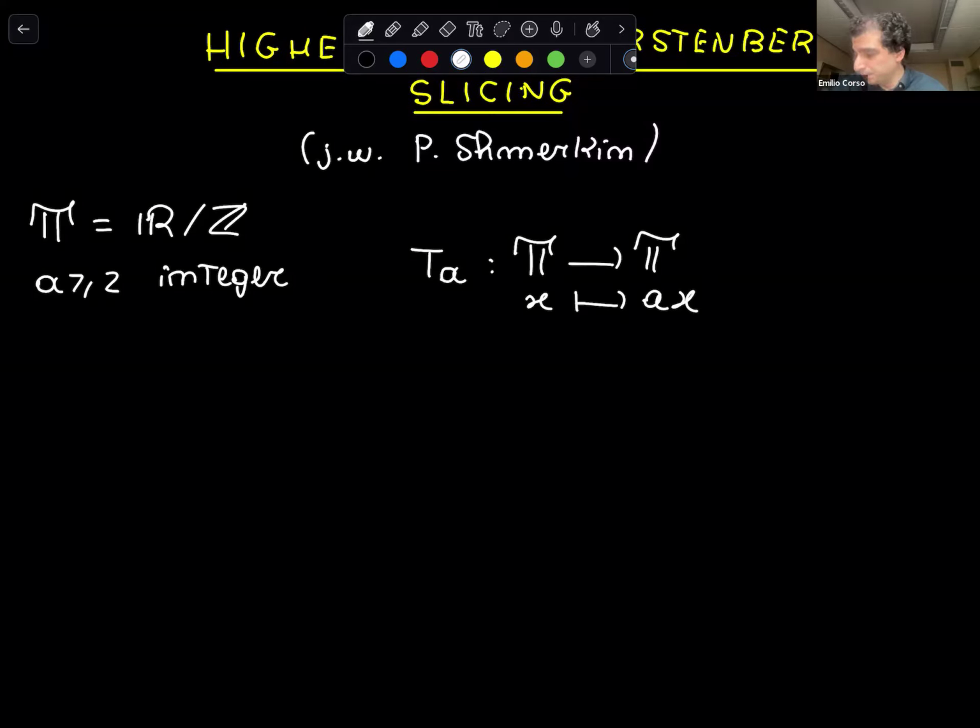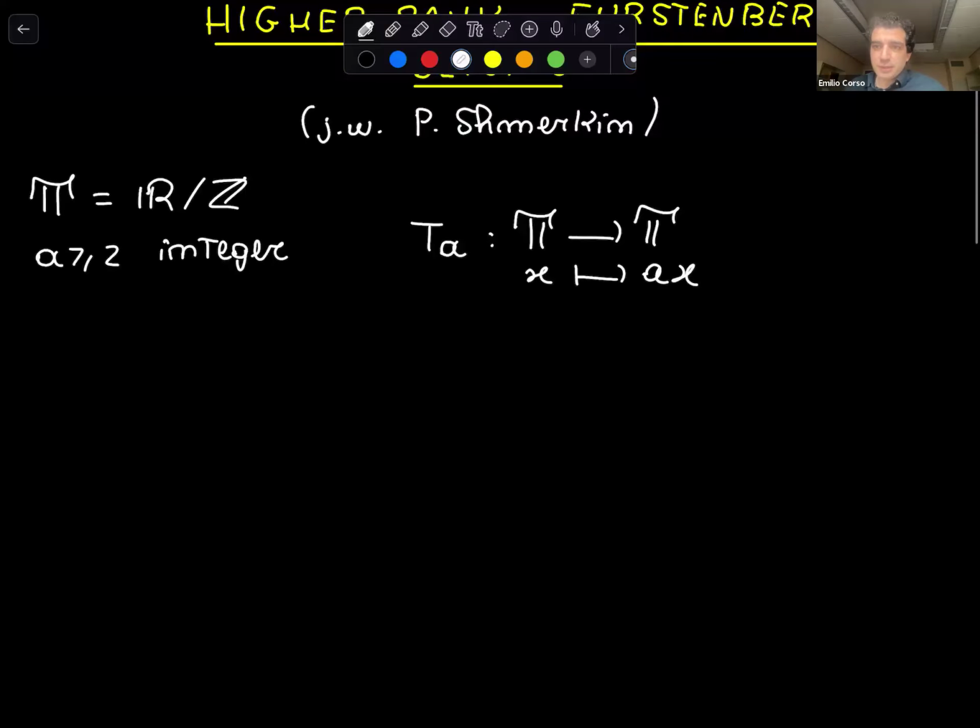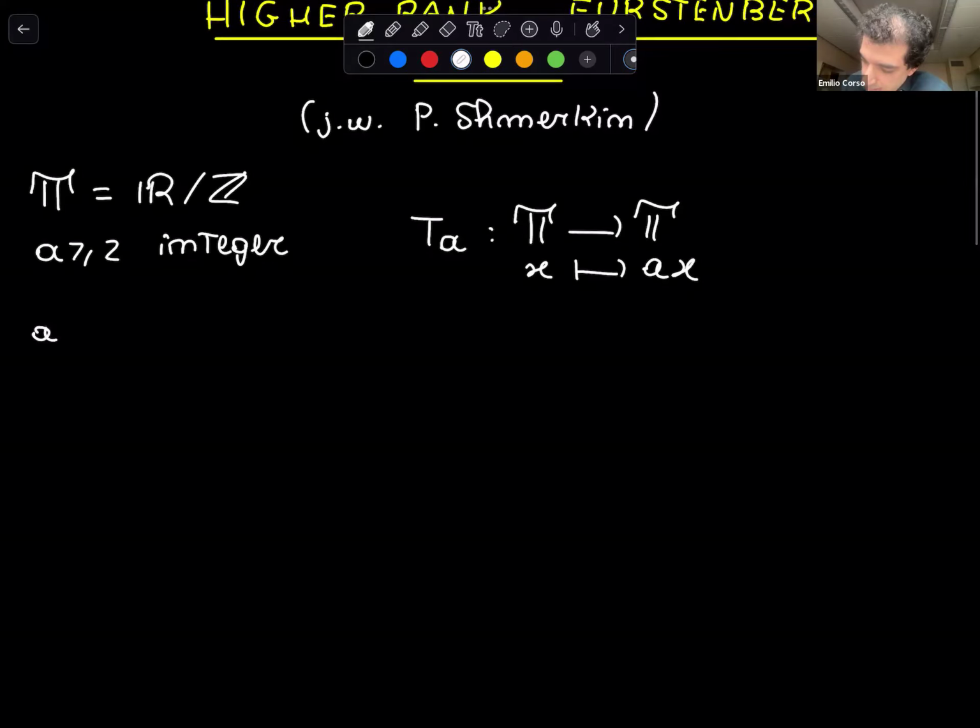But the crucial insight of Furstenberg was that if you consider now two different maps, and generally different maps, then some rigidity phenomena starts to appear. So let's consider a and b multiplicatively independent. Namely, they're not the same in disguise.